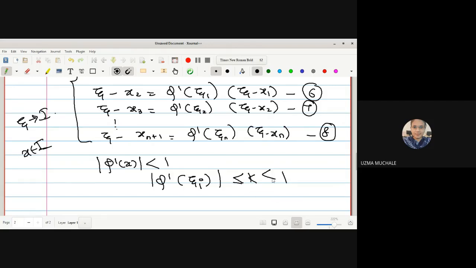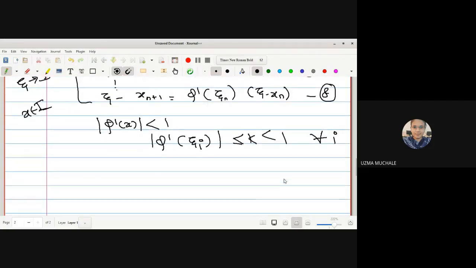Instead of saying directly it is less than 1, we are assuming it is less than or equal to some k, and that k is less than 1 for all i. That means for every zeta i, phi dash of zeta i is less than 1.